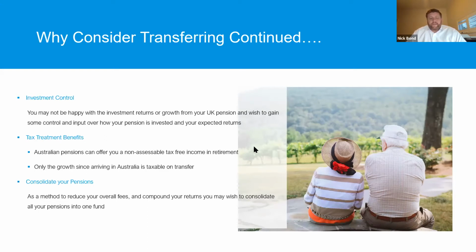Tax treatment. Again, this is a big one and makes pension transfers from the UK very attractive for a lot of people. When you transfer your fund from the UK to Australia, and you reach retirement age and start drawing an income from the superannuation scheme, that income is completely tax-free.